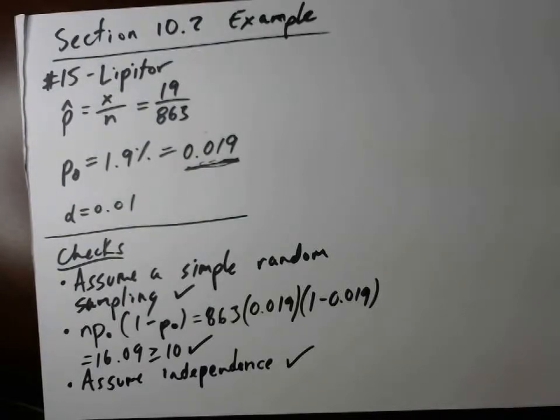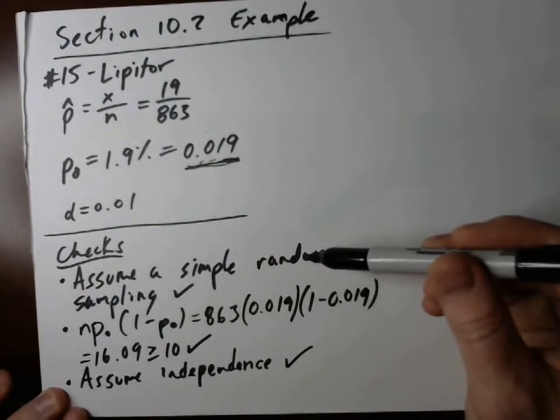The only reason that we would ever assume that there's any dependence in the sampling is if, let's say, we're using maybe brother and sister, then there would be a dependence there because one person may be affected by another because they're from the same family.